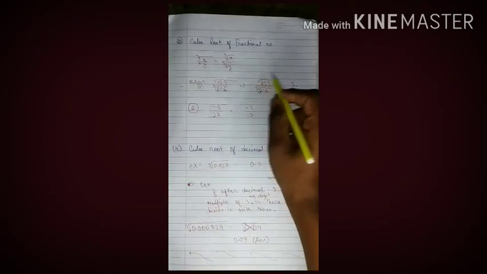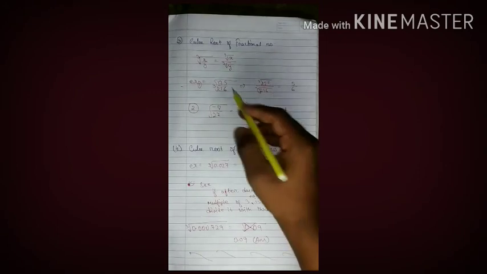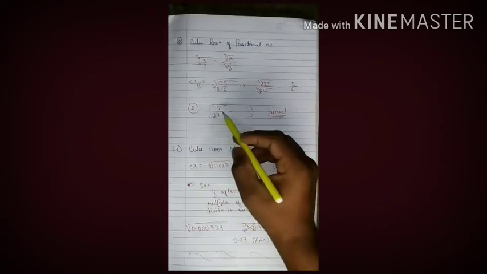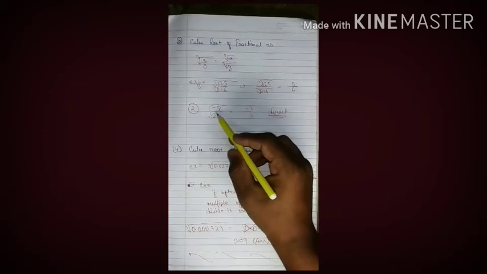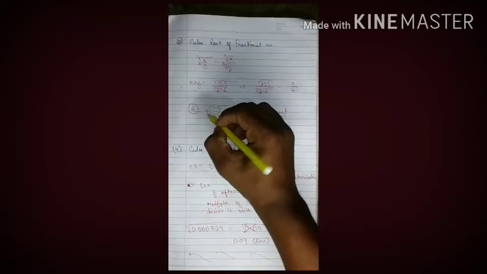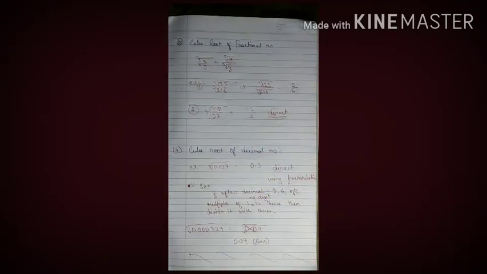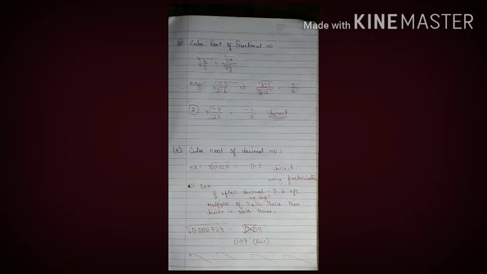If you take the cube root common, then the fraction comes inside like this. The answer is 5 by 6. Now here, minus 8 by 27 cube root means minus 2 by 3. It comes directly if you know it. You have to remember by heart all the cubes of the natural numbers, 1 to 30, and squares of 1 to 30.